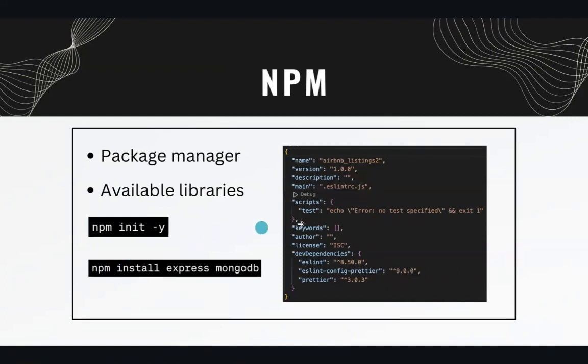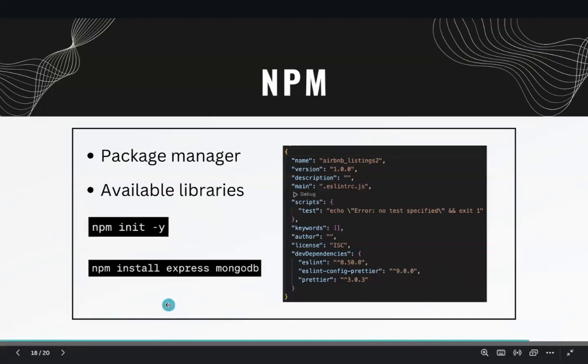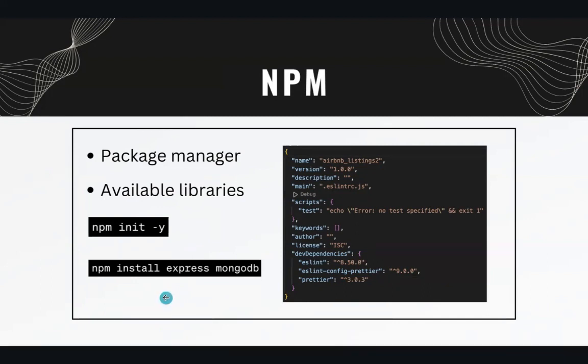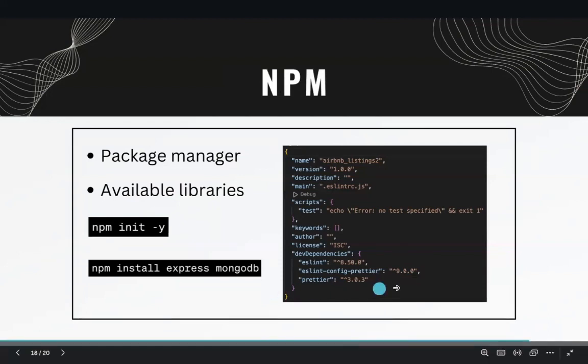The resulting package.json file, as shown here, is more than a list of dependencies. It's a manifest that ensures consistency, reproducibility, and provides metadata about the application. Moreover, npm install allows easy installation to your project. For instance, as we use Express and a database like MongoDB, we can include them in our project with a simple npm install.